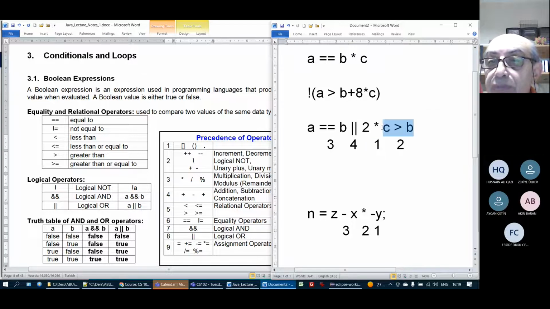This is compared with B. This is either true or false. 2 times C greater than B is either true or false. And then A equal to B is executed. This is either true or false. So we have a true or false here, another true or false here, and then with the OR operator, we combine them, we check the logical OR of these 2 Boolean values. Okay.